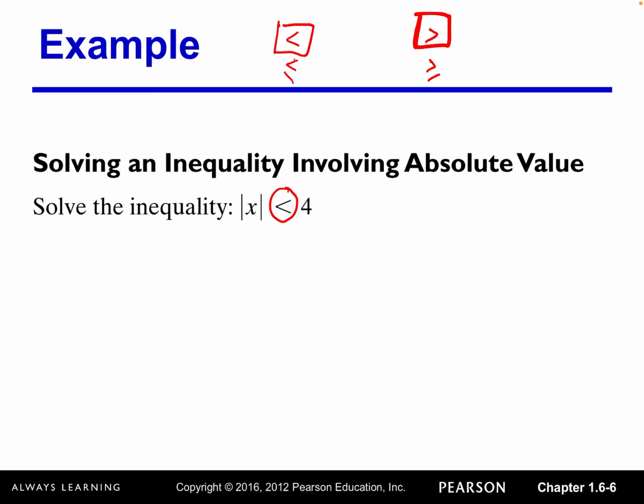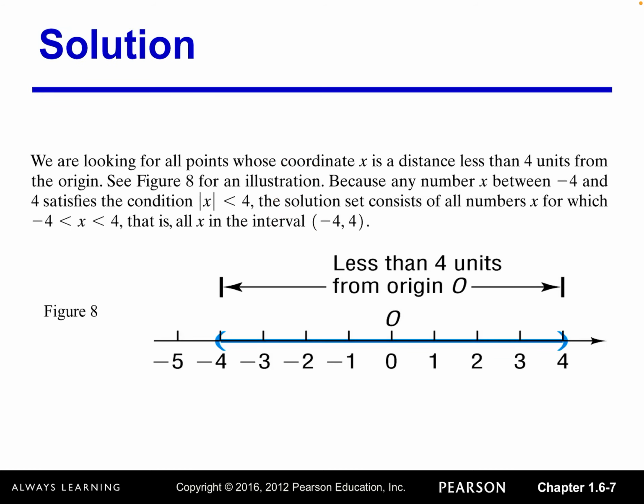Okay. So absolute value of x less than 4. If we apply the absolute value definition, that means we're looking for all the x values where the distance away from 0 is less than 4 units. Right? Just purely based on the definition of absolute value. So now let's look at a graph. Okay, the next slide gives us a better view.